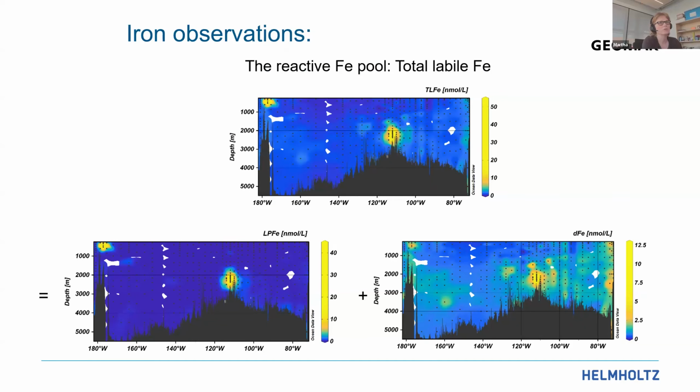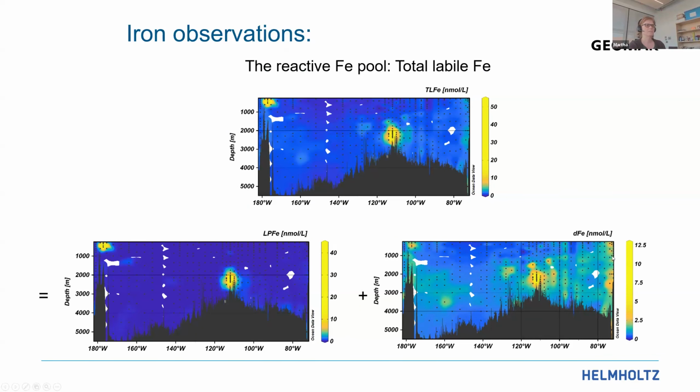In this chemical model, we use the total reactive iron pool, and this is the total labile iron. So this includes some particulate iron and all dissolved iron. And this is how the data looked across the transect, and these are what it's made up of: the labile particulate iron and the dissolved iron.